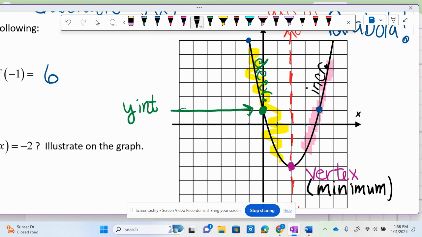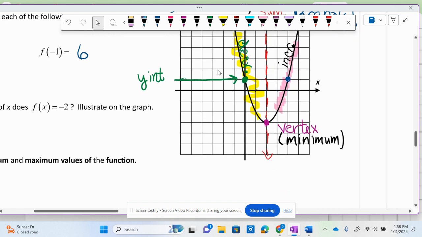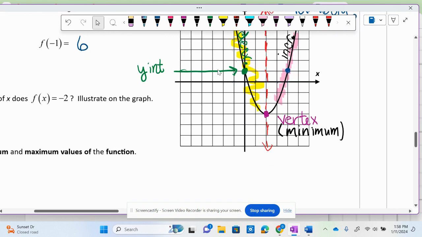We ask sometimes what the ordered pairs are for your vertex. So I want to talk about that really fast. What is the ordered pair of the vertex? This is the point what? What ordered pair is that? We say the x first. So it'd be (2, -3), yes.